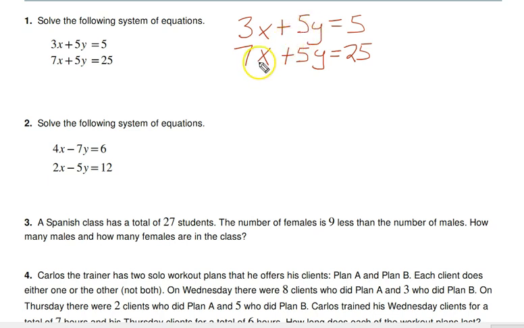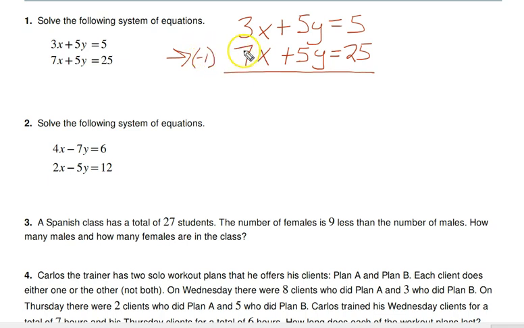But if for some reason we could modify this positive 5y to a negative 5y, and then I added these together, the y's would cancel out. So I'm going to do that by multiplying every term in this equation by a negative 1.